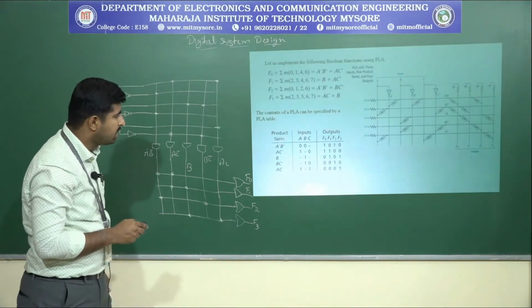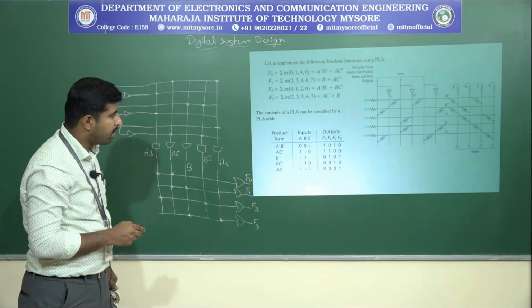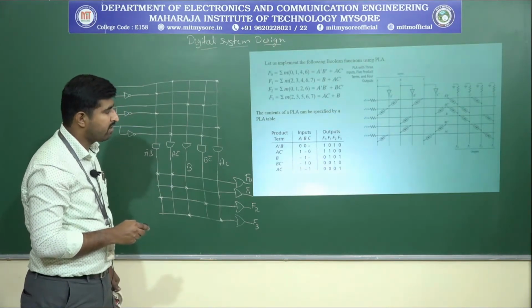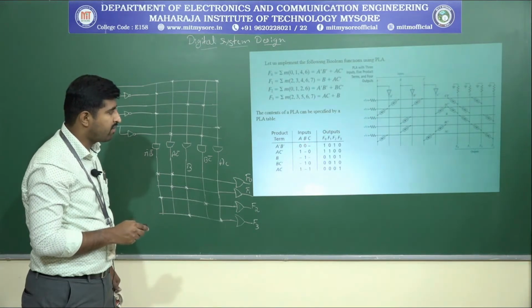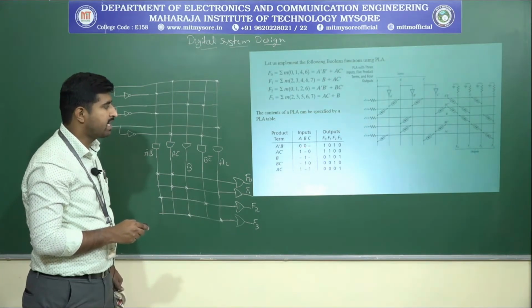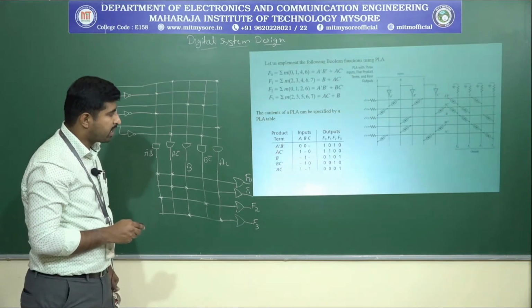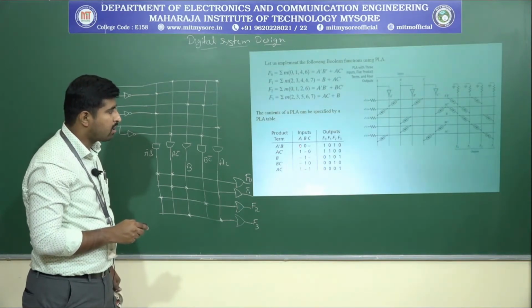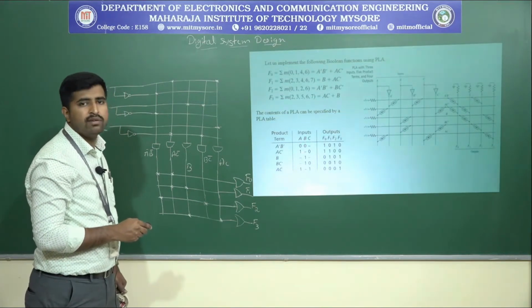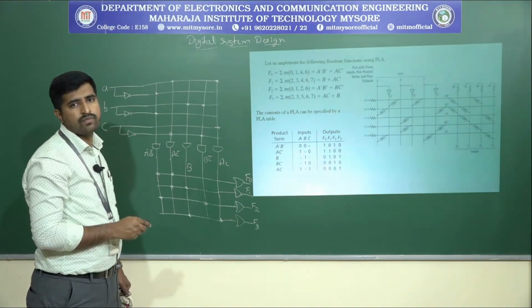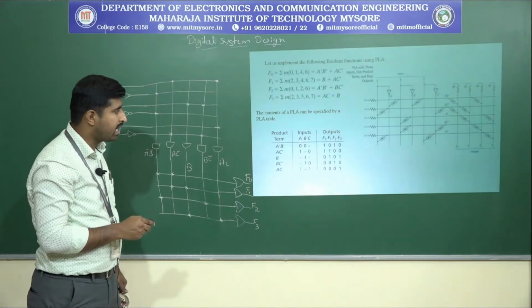Example: the product term is A bar B bar. For inputs A B C, A has a 0, B has a 0, and C has a dash. That indicates A is complemented, B is complemented, and C is not in this term.